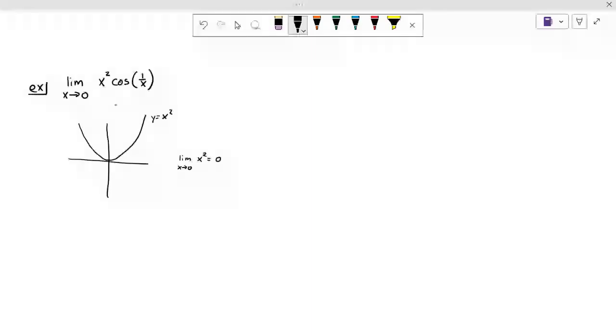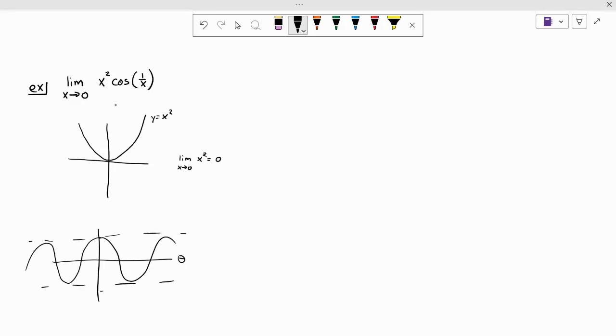And what do we know about cosine? Whatever the argument of cosine is, I do know that it oscillates between plus and minus 1. We say cosine is bounded between plus and minus 1. It doesn't matter what you plug into cosine; what cosine returns is always some number between negative and positive 1.